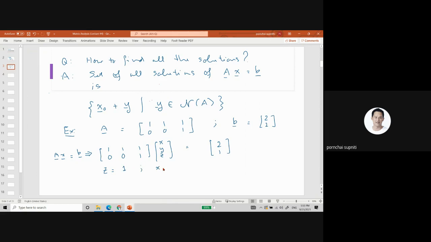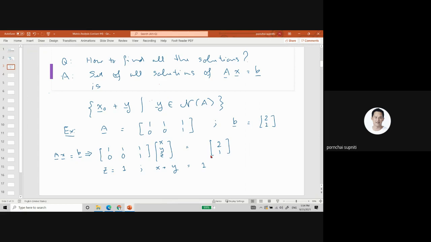Then we have x plus y equal to 1, because x plus y plus z is equal to 2, but z is equal to 1. Therefore, x plus y will be equal to 1.